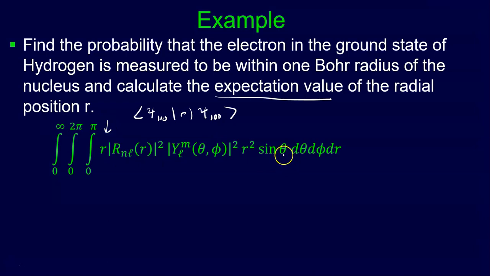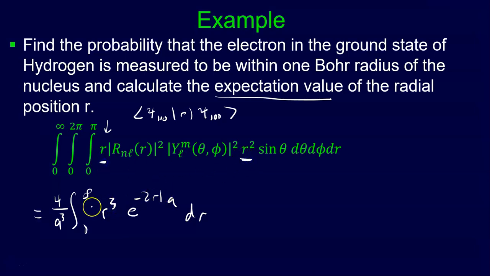The same thing applies in that the angular part is not affected by the r, and so this whole piece boils down to an integral looking like this, with our coefficients out front, 4 over a cubed. There are 3 factors of r, 2 from here and 1 from here. This is maybe an easier integral, and you can find it in a table pretty easily.